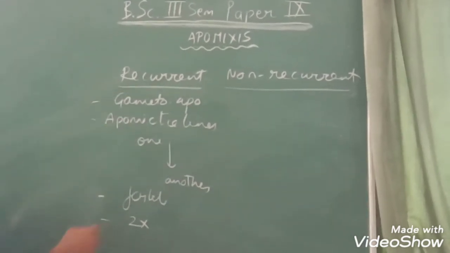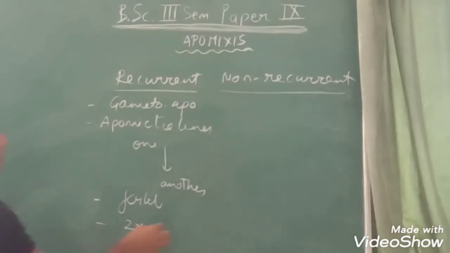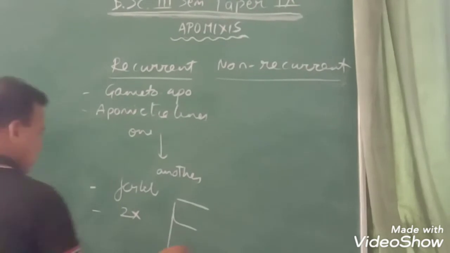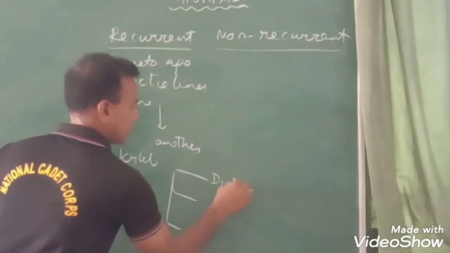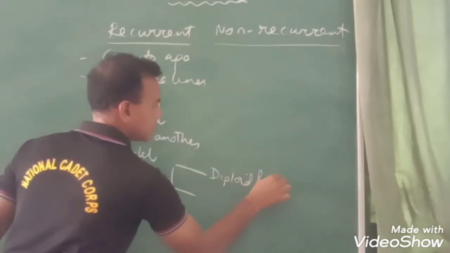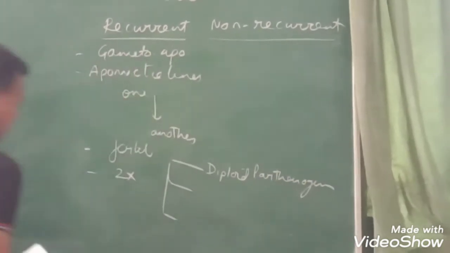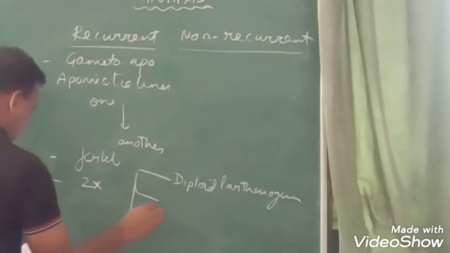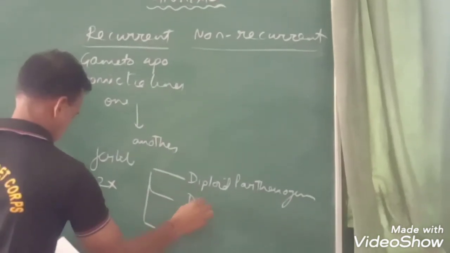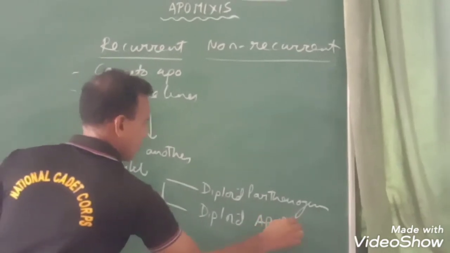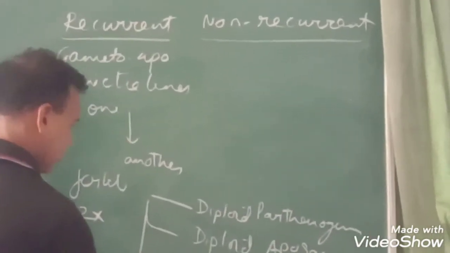The recurrent apomixis can be of three types: diploid parthenogenesis, diploid apogamy, and apospory.